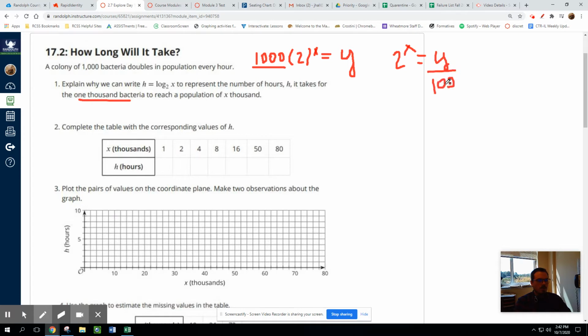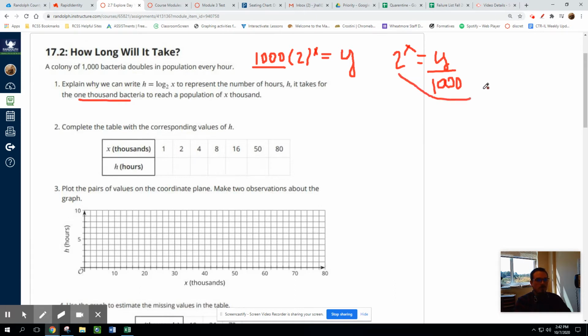The reason we did that is because in the problem it says it takes for 1,000 bacteria to reach a population of x thousand. So by dividing by that 1,000, we're assuming that y is going to be in thousands.